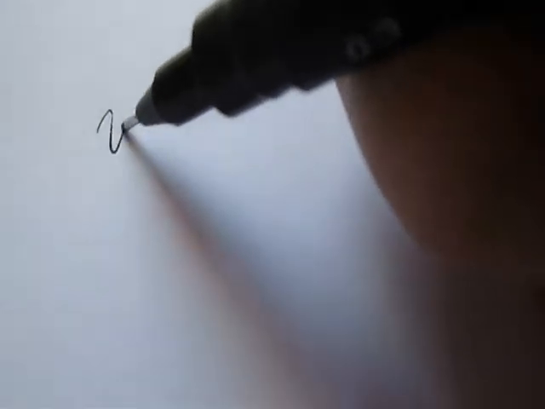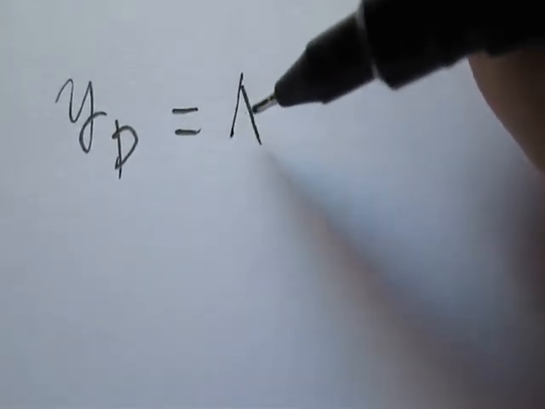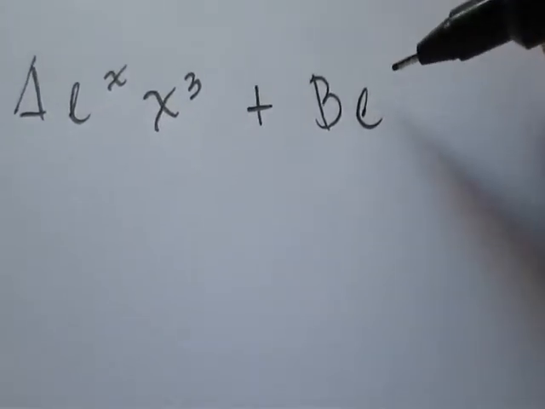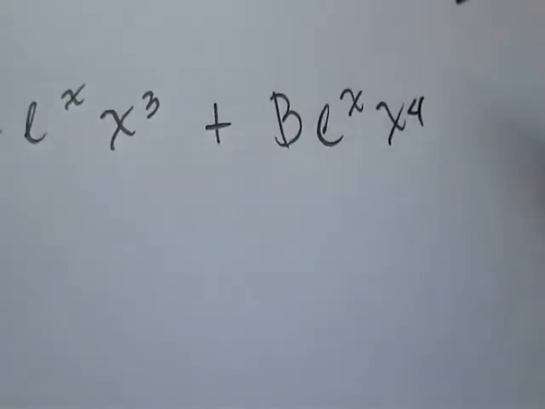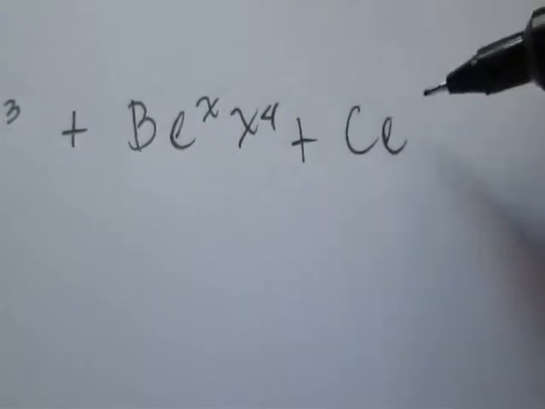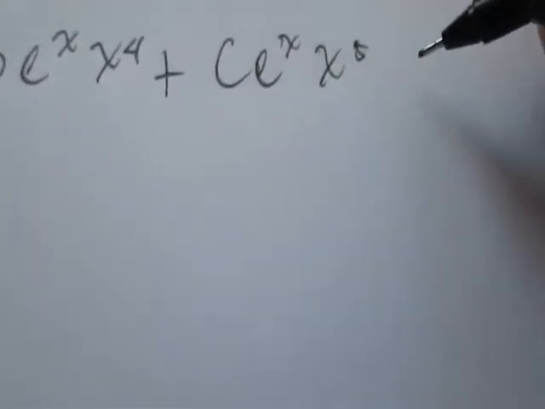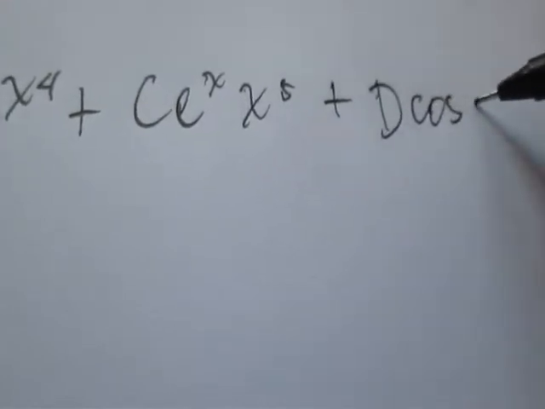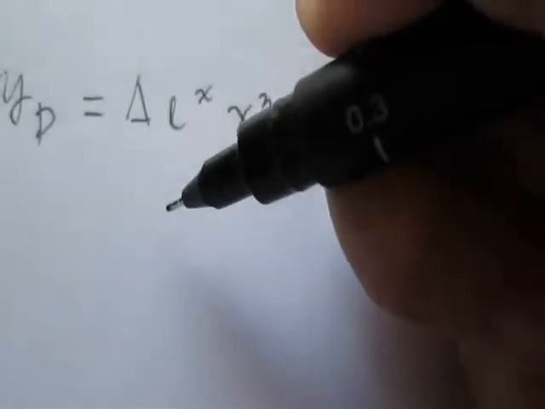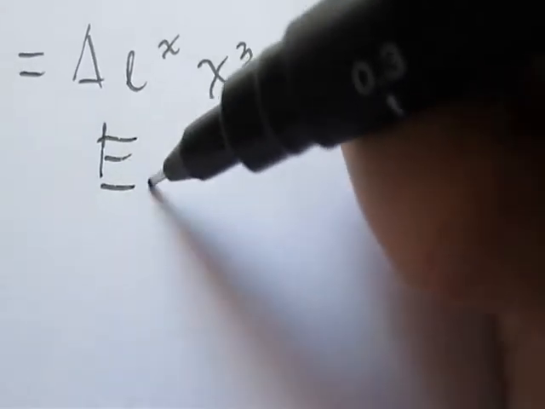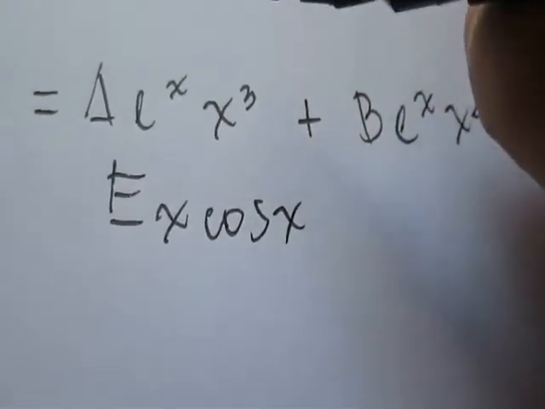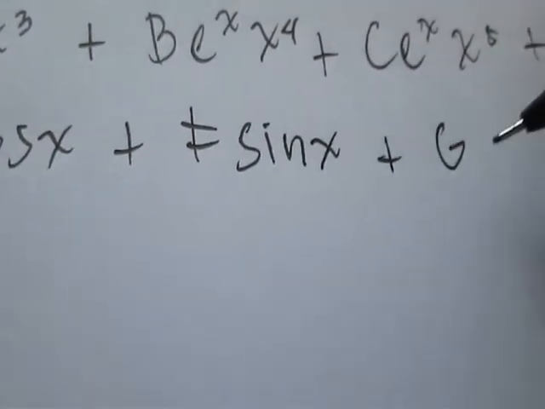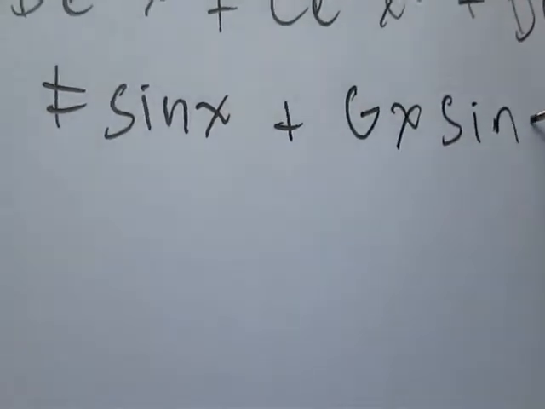Now we have yp equal to a x cubed e to the power of x plus b x e to the power of x plus c x squared e to the power of x plus d cosine x plus e x cosine x plus f sine x plus g x sine x.